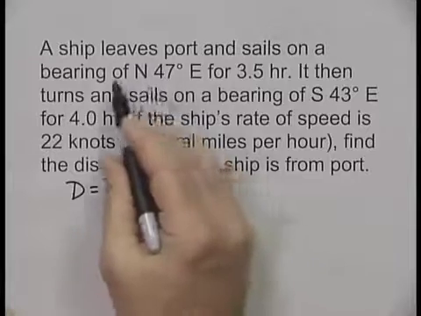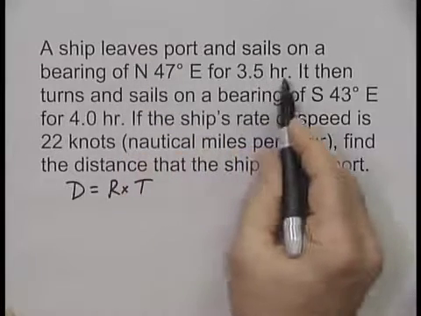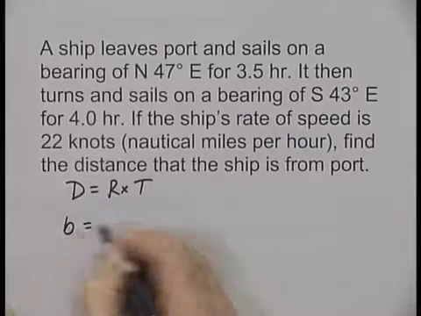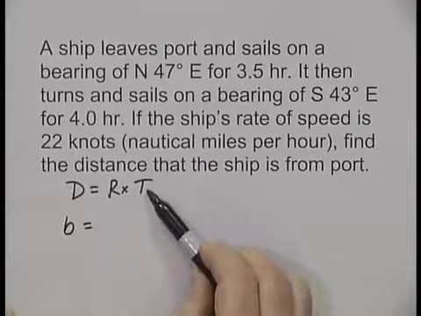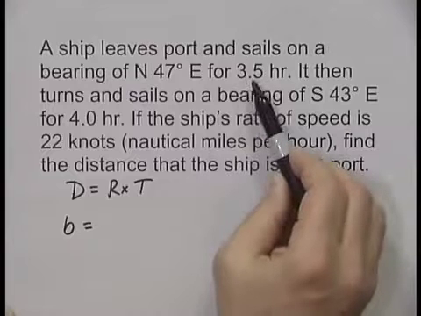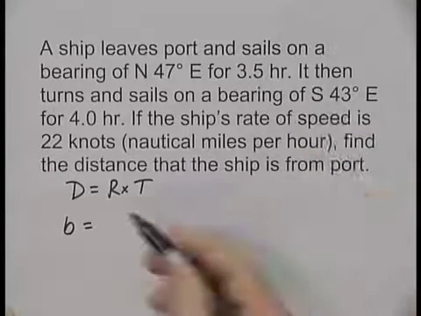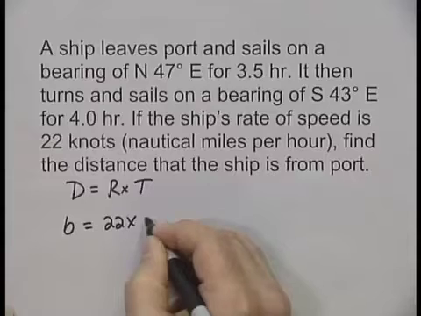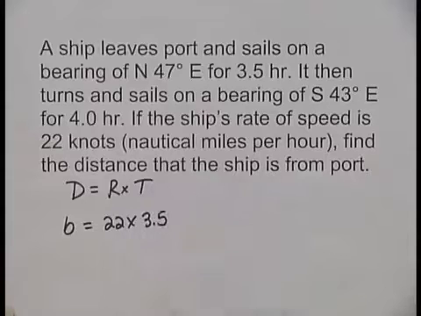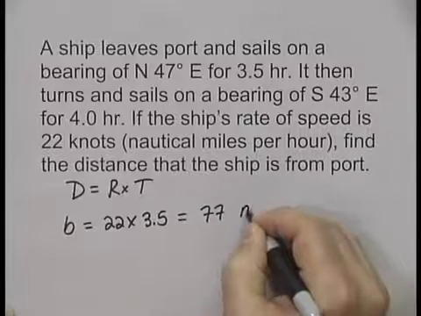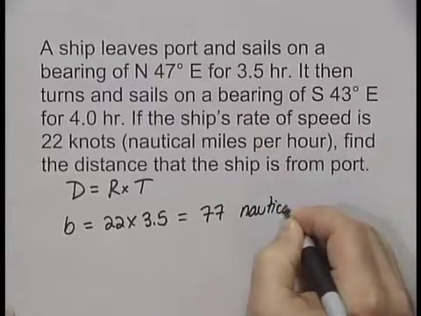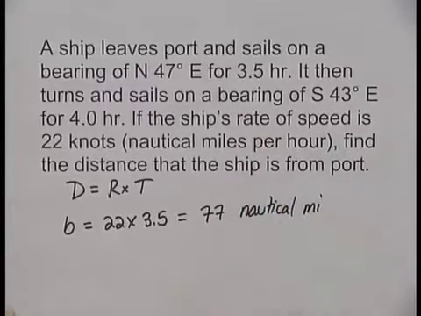And let's call this part of the trip leg B. And that would be equal to the rate, which is 22 knots, times the time, which is 3.5 hours. So we would multiply 22 times 3.5, and that's equal to 77 nautical miles.